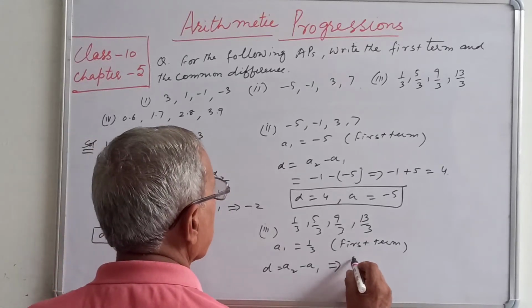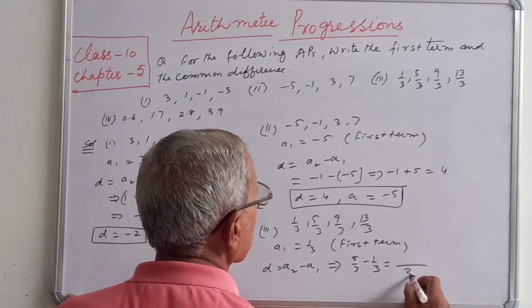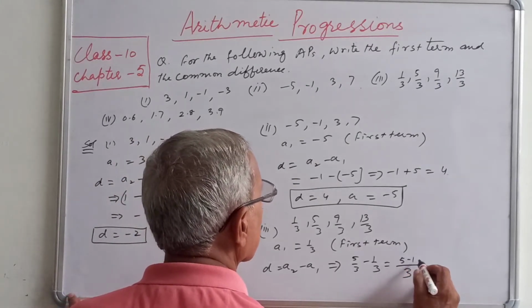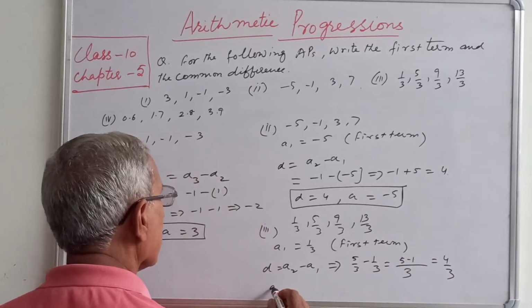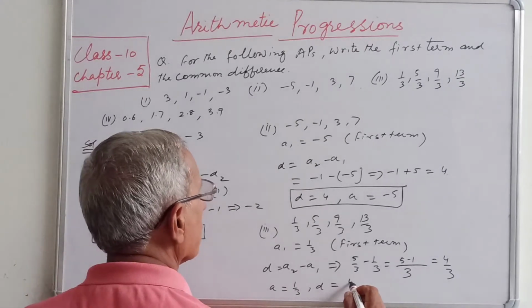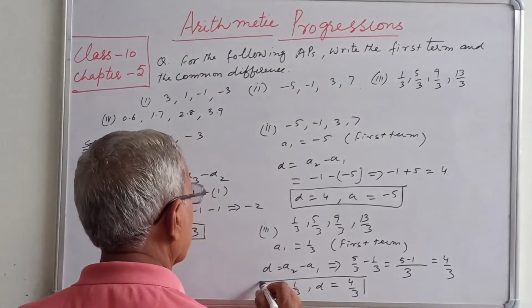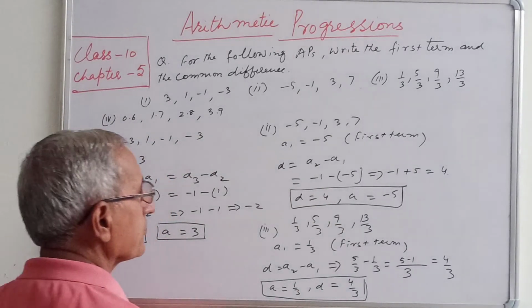A2 is 5 upon 3 minus 1 upon 3. LCM 3, so 5 minus 1, that is 4 upon 3. The answer is a is equal to 1 upon 3 and d is equal to 4 upon 3. The first term is 1 upon 3 and the common difference is 4 upon 3.